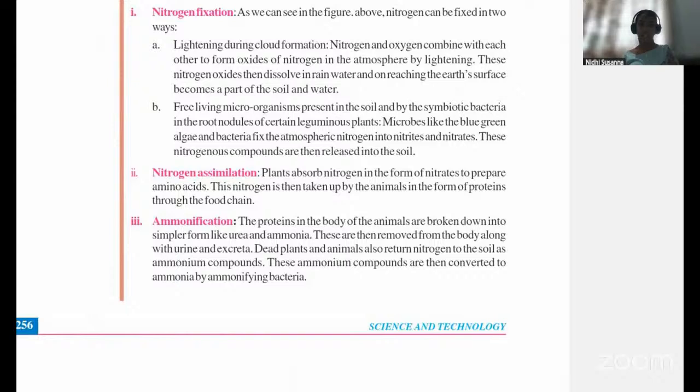Dead plants and animals return nitrogen to the soil as ammonium compounds. These ammonium compounds are then converted to ammonia by ammonifying bacteria.